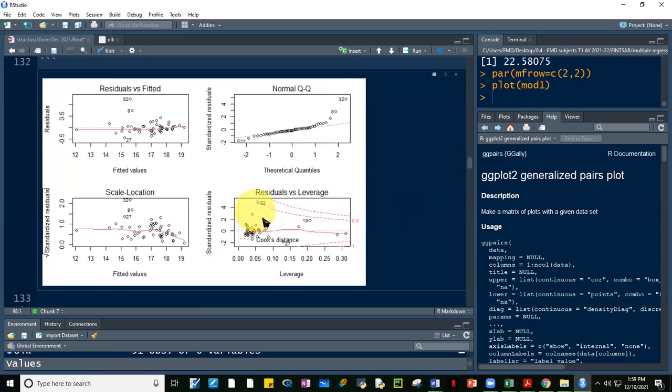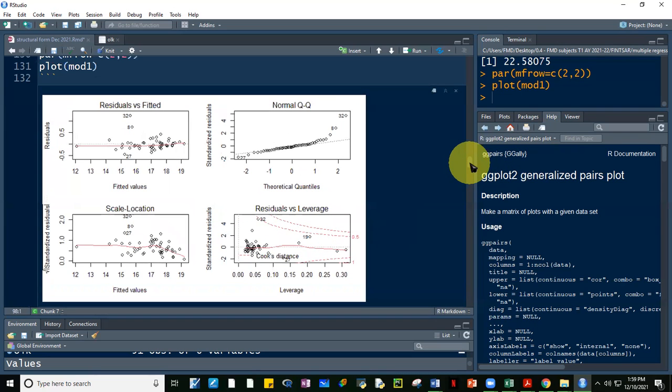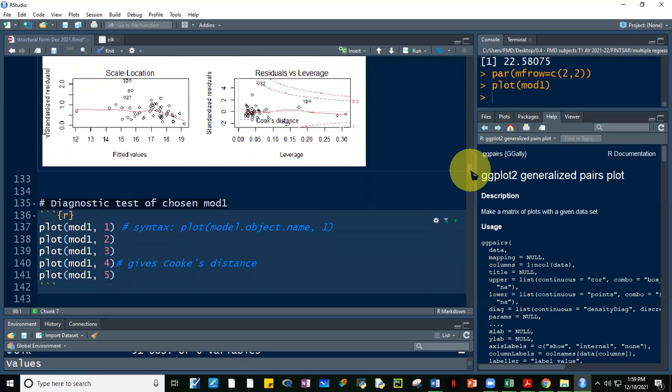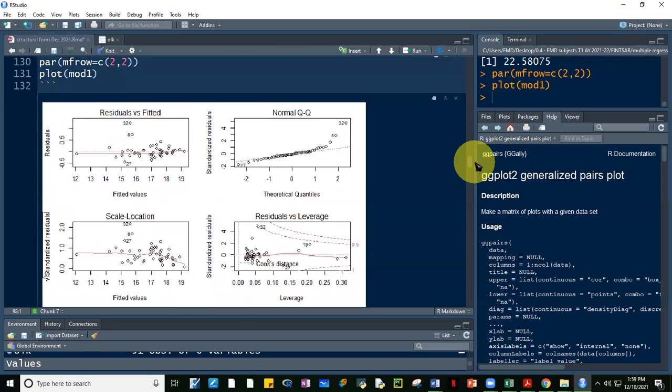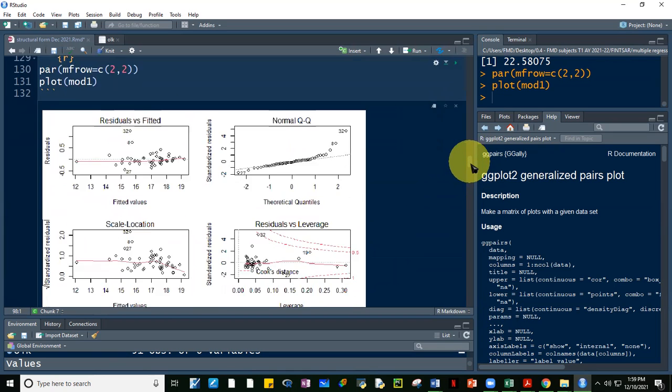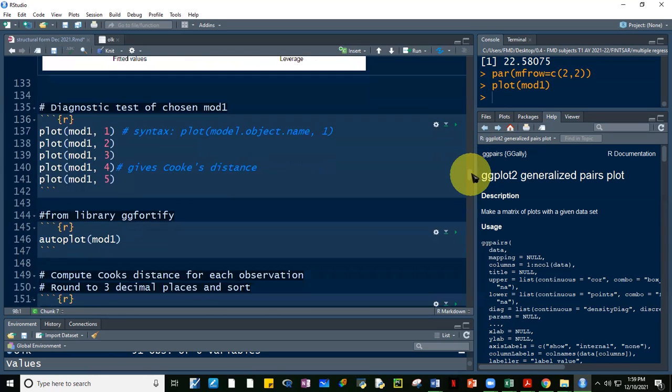So itong 32 na to at saka si 190 na to, ibig sabihin dapat yan i-inspect, tingnan kung talagang influential point sila. Okay, so ito sabay-sabay na linagay, no? Okay, of course, this is only the visual aspect. Meron naman tayong statistical way to check yung validity ng model natin.